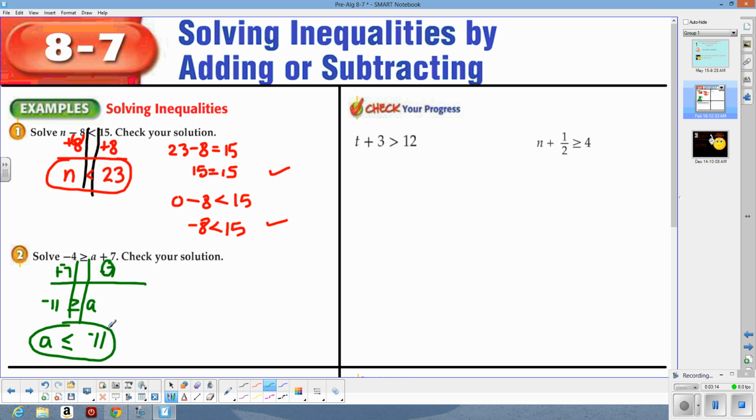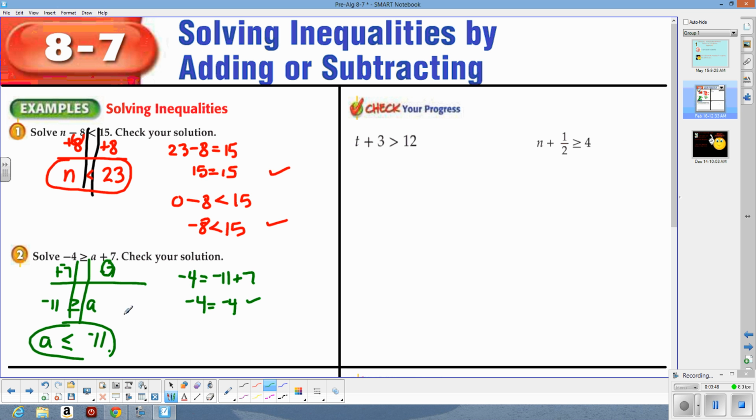To check that, I'm going to first think of it as an equation with an equal sign. Is negative 4 equal to negative 11 plus 7? Well, negative 11 plus 7 is negative 4, and negative 4 equals negative 4, so I know this number is correct. Now I need to check that I have the correct symbol. I'm going to choose a number that's less than negative 11. Let's choose negative 12.